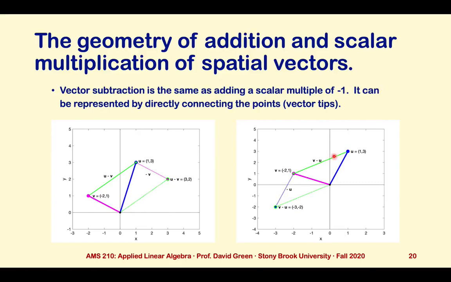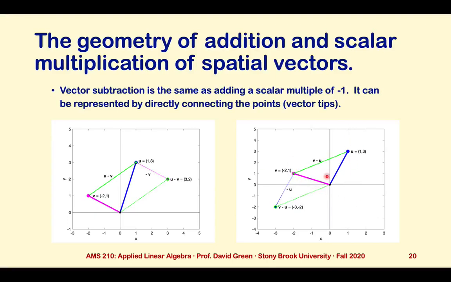v minus u has the same interpretation, just in the different direction. So v minus u also is the vector that connects the points u and v, but starts at u moving to v. We move along u and then add v and subtract u. That gets us back to v.